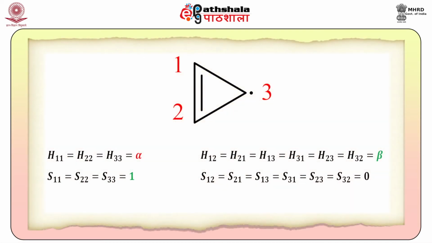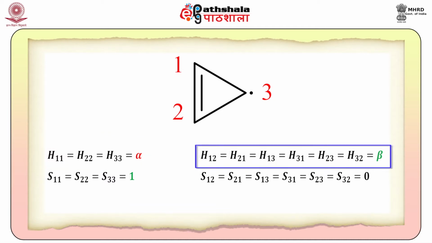So here you can see that because of the cyclic nature of the molecule, H11, H22 and H33 will all be equal to alpha individually. Similarly, H12, H21, H13, H31, H23, H32, all these are linked to each other. They are like neighbors, so the corresponding value of each one of them individually is equal to beta.